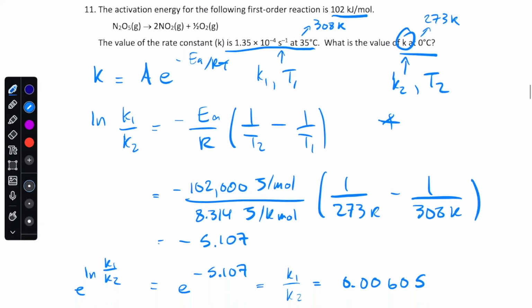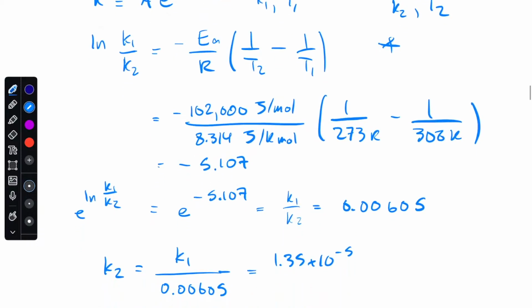I think I messed this up. I did mess this up. And here's how I messed this up. I'm going to go back and fix this. My equation is K2 over K1. That's why this isn't working for me. So this becomes K2 over K1. You can see how it's easy to make a mistake like this when you have a lot of calculations. K2 over K1.